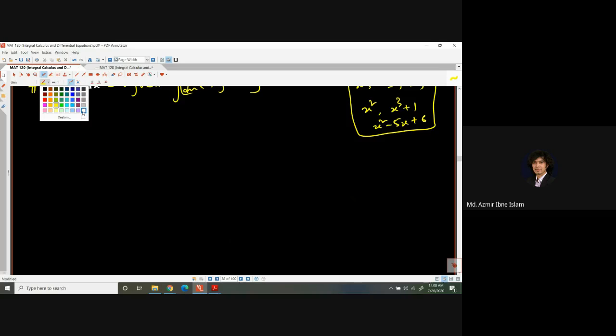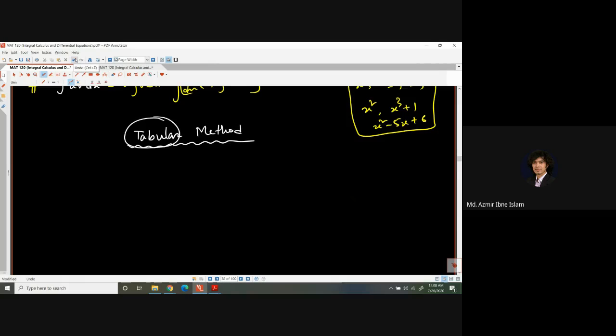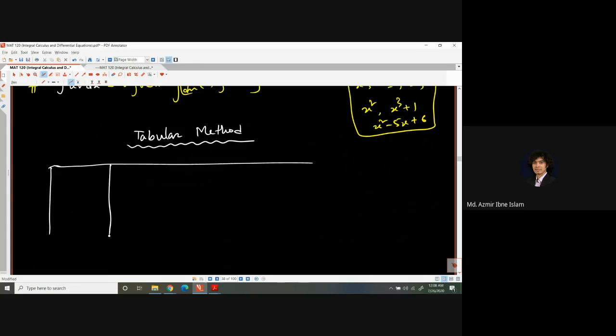So let's first discuss what the tabular method is. This is an alternative technique to the integration by parts method. From the name you can easily understand that there will be a table. So let's draw one table. That table will contain 3 columns.